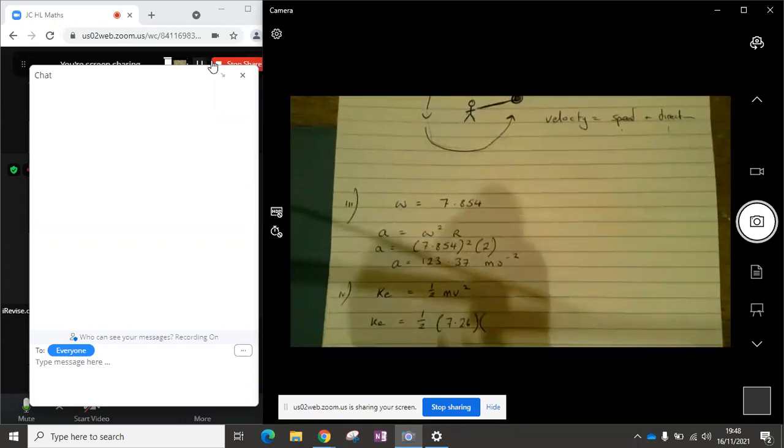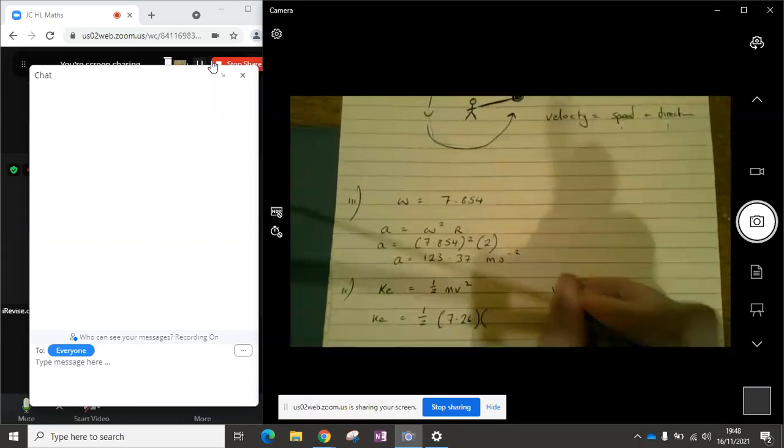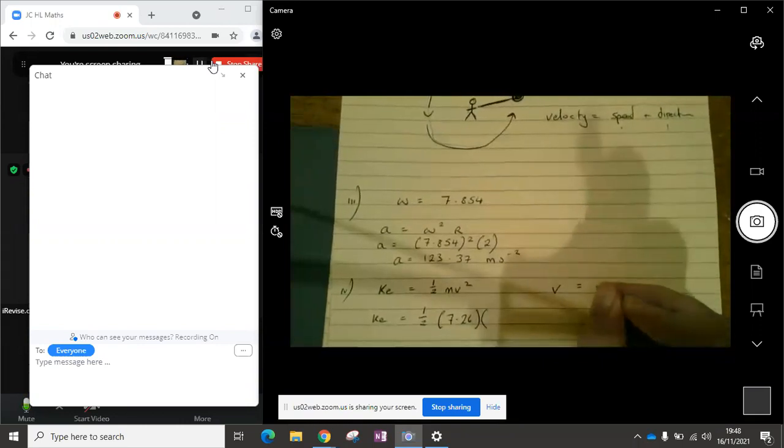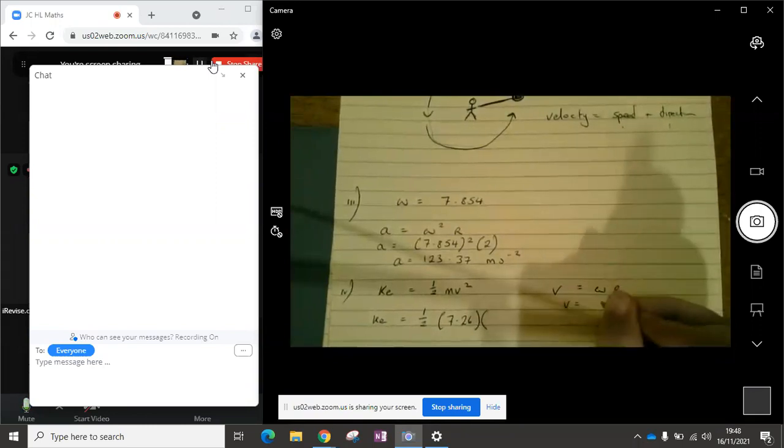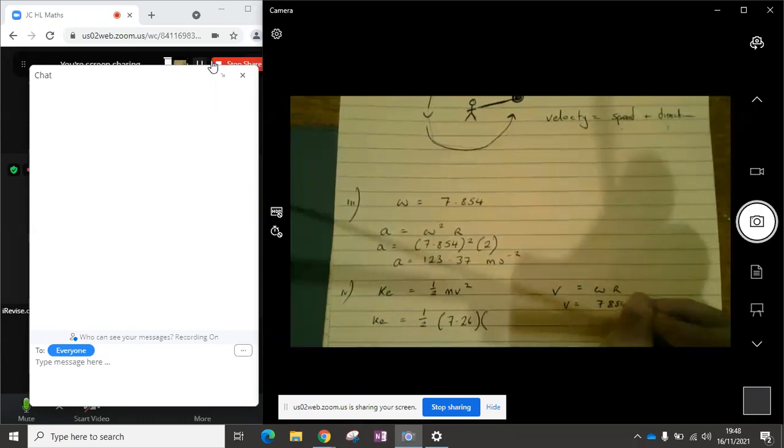Okay, we don't know the linear velocity. That's the problem. But we do know that linear velocity is equal to the angular velocity times the radius. So V is equal to 7.854 times 2.